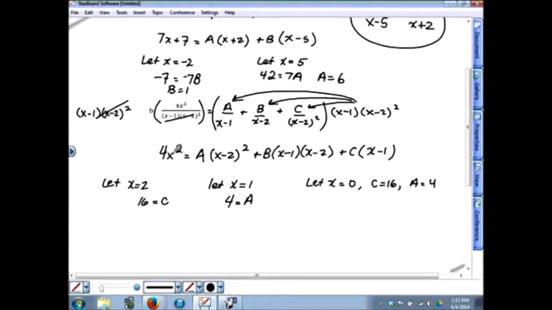So if x is 0, 0 squared is 0 times 4 is 0, so the left side of the equation is 0.